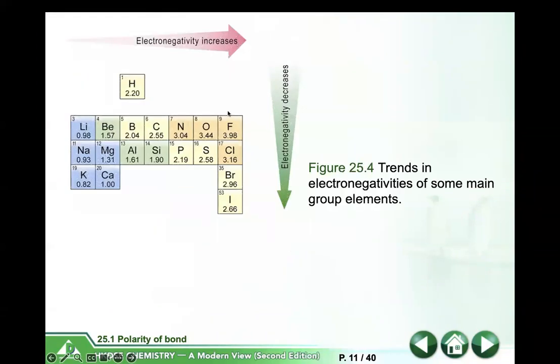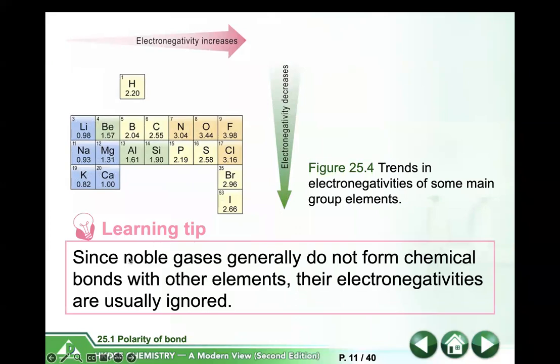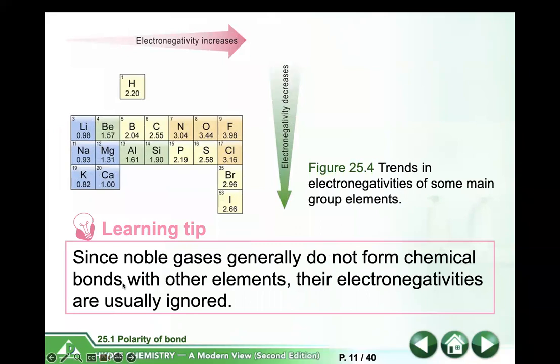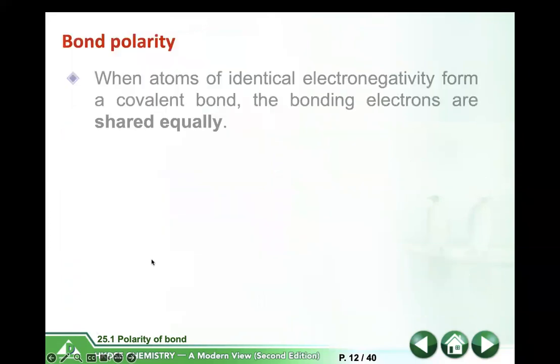So we have the general trend here: electronegativity increases across the period, while the electronegativity values decrease down the same group. As noble gases don't form any chemical compounds or bonding with other elements, we don't assign any electronegativity value to the noble gases.